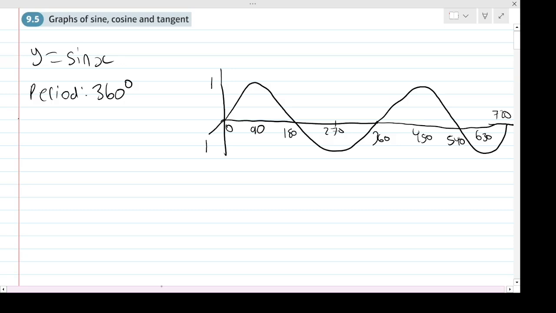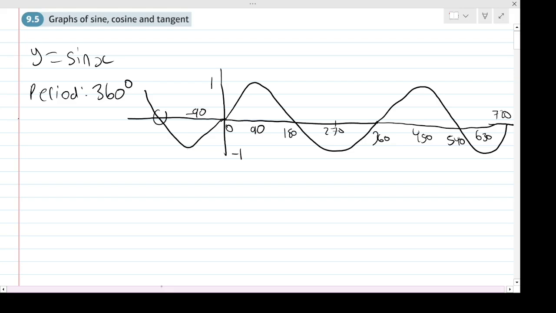So we start from 0, and then when it goes down to -1, that's going to be at 90 degrees backwards, so it's going to be -90.